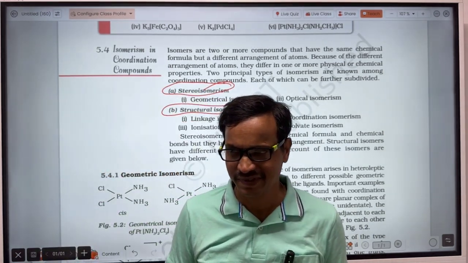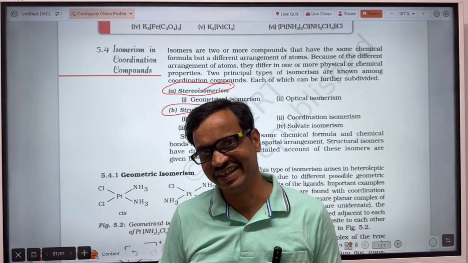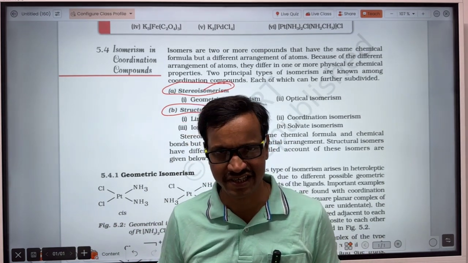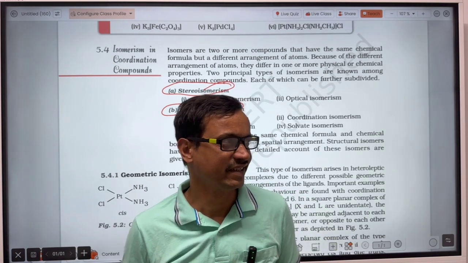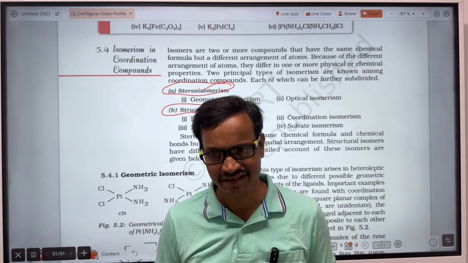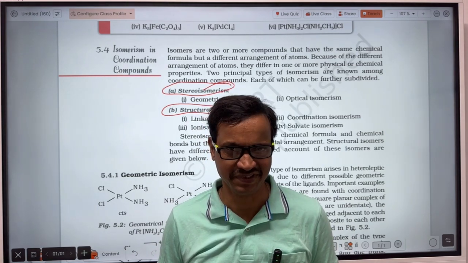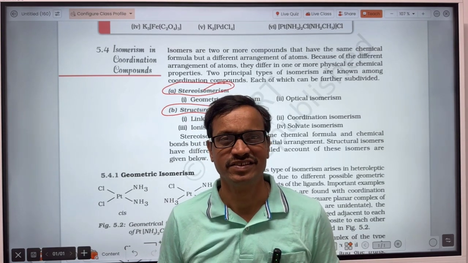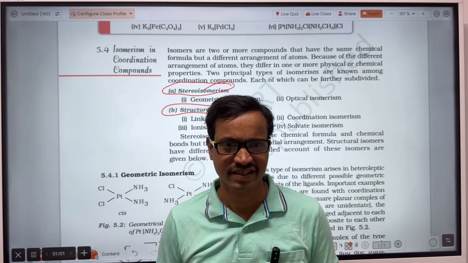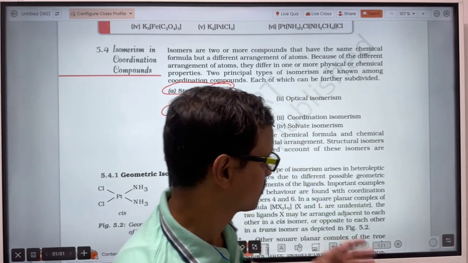In stereoisomerism, there is a difference in the arrangement of ligands around the central atom, and in structural isomerism there is a difference in the structure of the coordination compound, and hence a difference in the properties of those compounds.